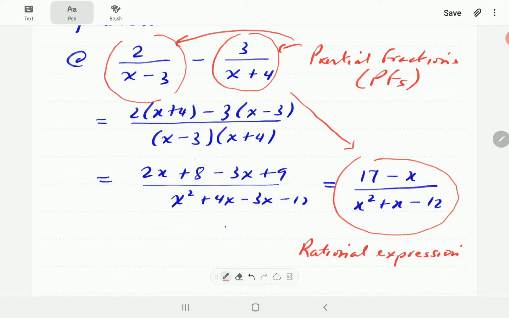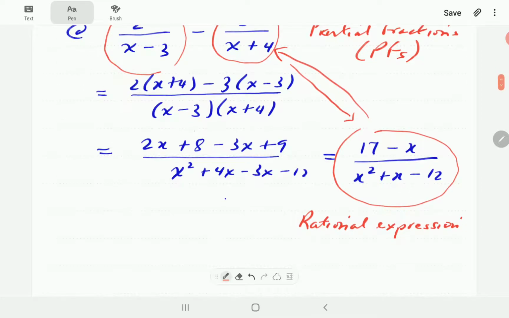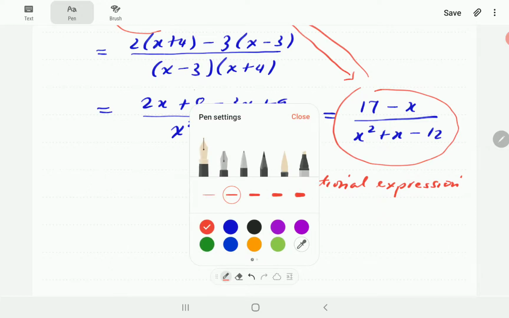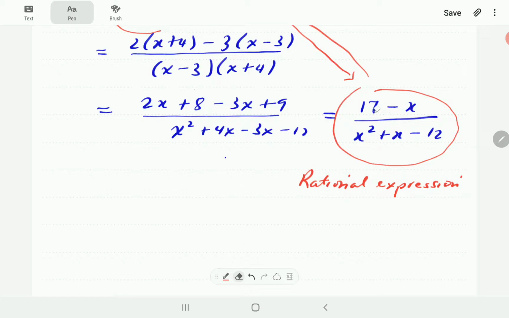So the thing we want to be able to do ultimately is to go from this composite or compound fraction back to those partial fractions there. So we're going to be talking about how to do that. And then this rational expression, the numerator is of degree 1 and the denominator is of degree 2.